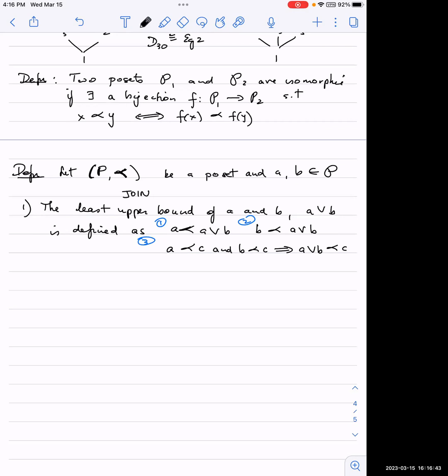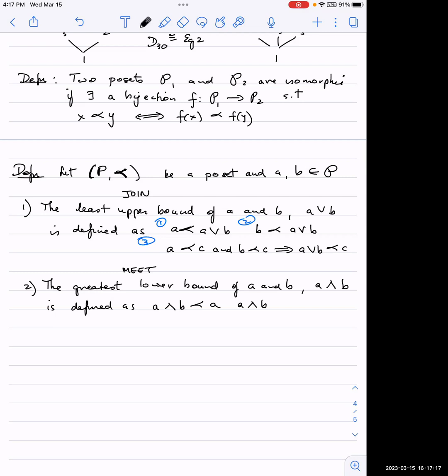Similarly, the greatest lower bound, called the meet of A and B, written A and B, is defined as: A and B is less than or equal to A, and A and B is less than or equal to B. We call that relation, the partial order relation, less than or equal to.